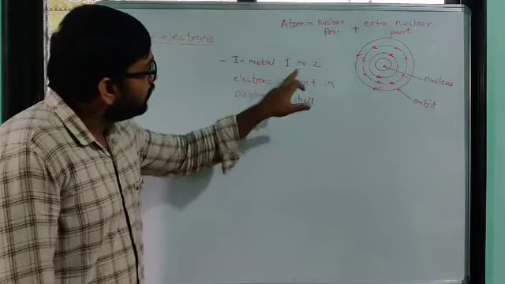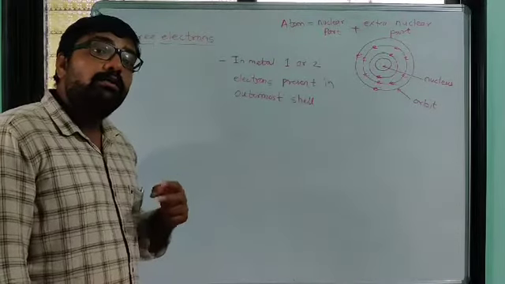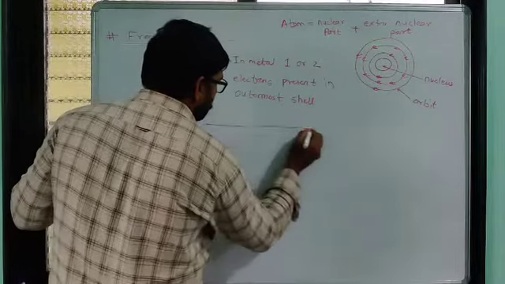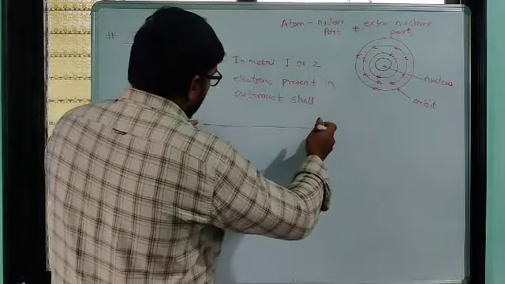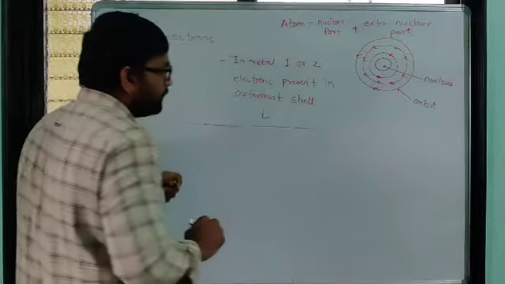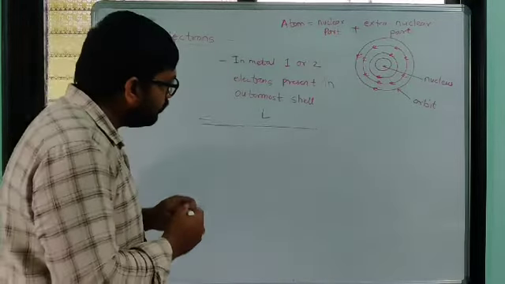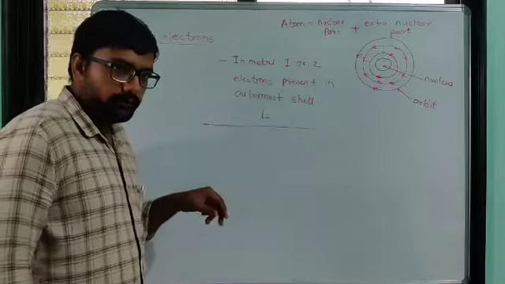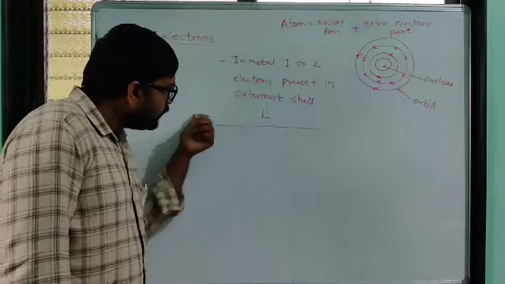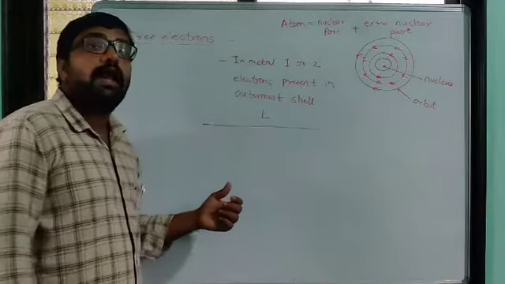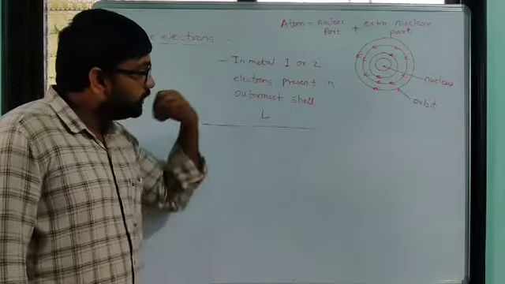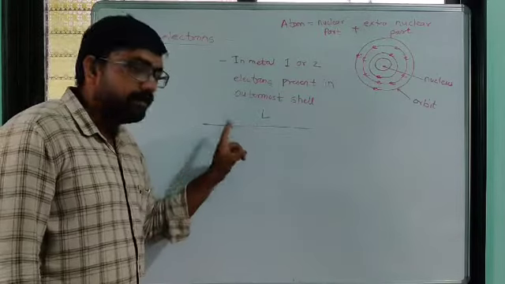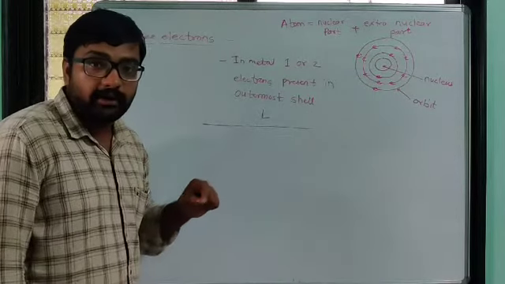Suppose I consider this wire of length L. Each atom has one or two free electrons, and there are a tremendous number of atoms, so there is a very large number of free electrons in a metallic wire.